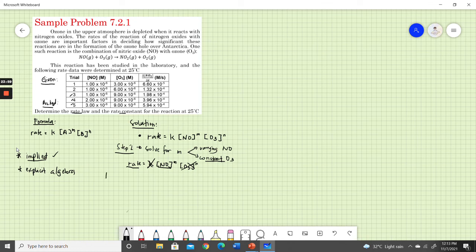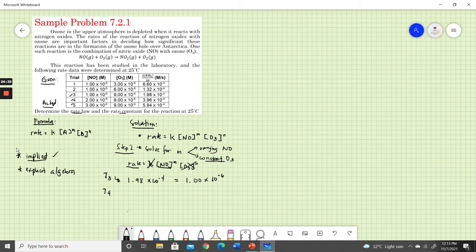So sa trial 3, ang reaction mo is 1.98 times 10 raised to negative 4 equals NO raised to M, yung molar concentration niya is 1.00 times 10 raised to negative 6 molar.